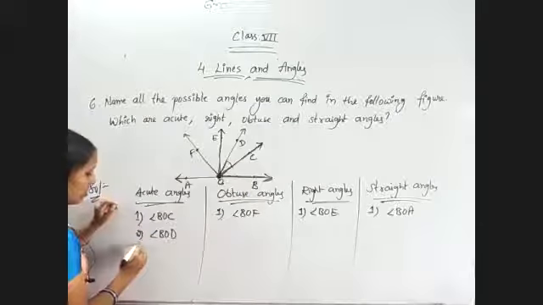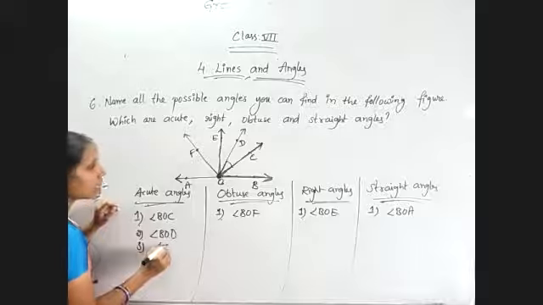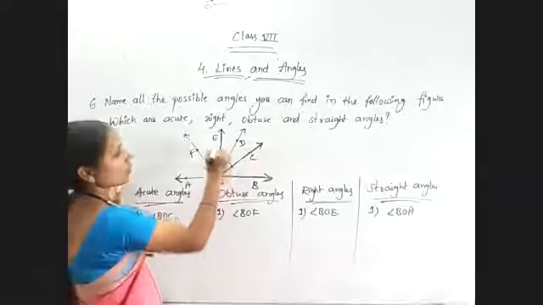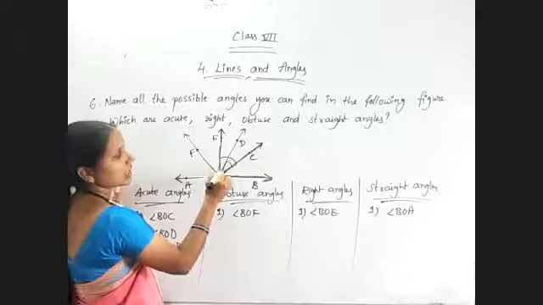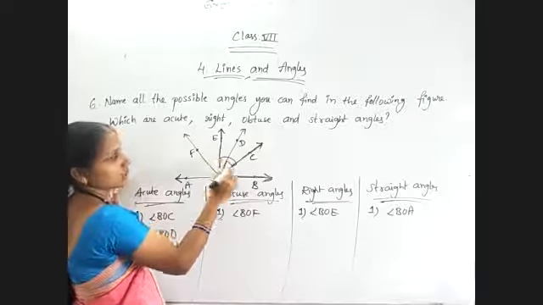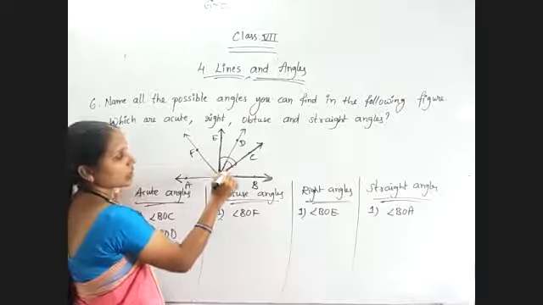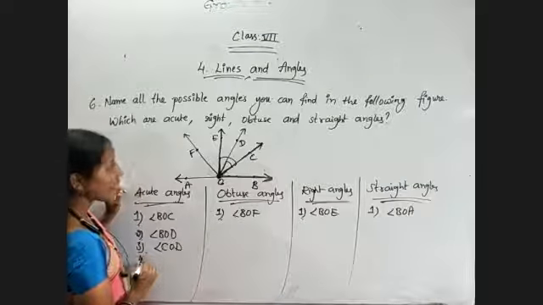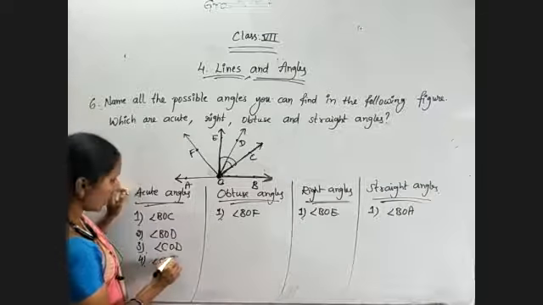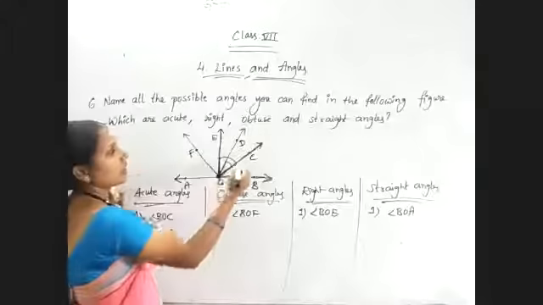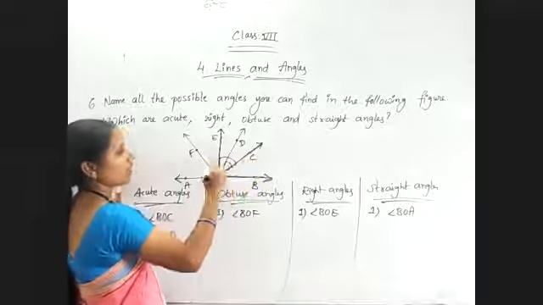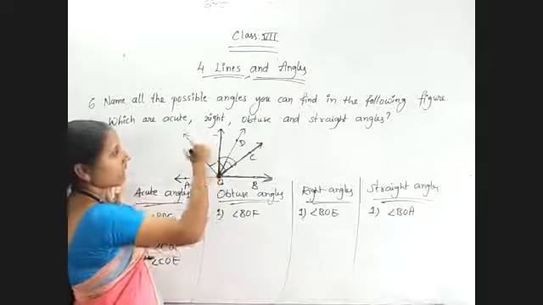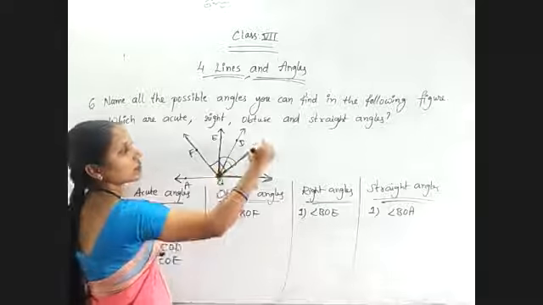Acute angle, less than 90, angle COD. Now coming to COE. It is also lesser than 90. Just observe this. This is not equal to 90 degrees. So the fourth one, angle COE, is also an acute angle. Coming to COF, observe this. It is looking like a right angle. Both are in L shape. Yes or no?